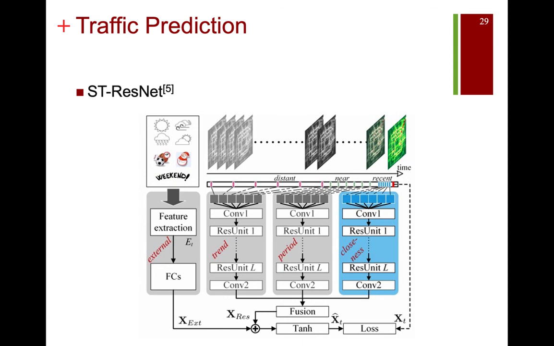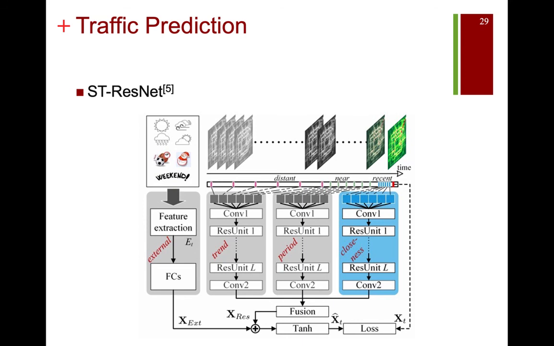The outputs from these three ResNet neural networks are then fused together with the feature matrix generated from other data sources, such as the weather and time of day, like whether it's a weekday, weekend, or holiday, and then get the final prediction result.